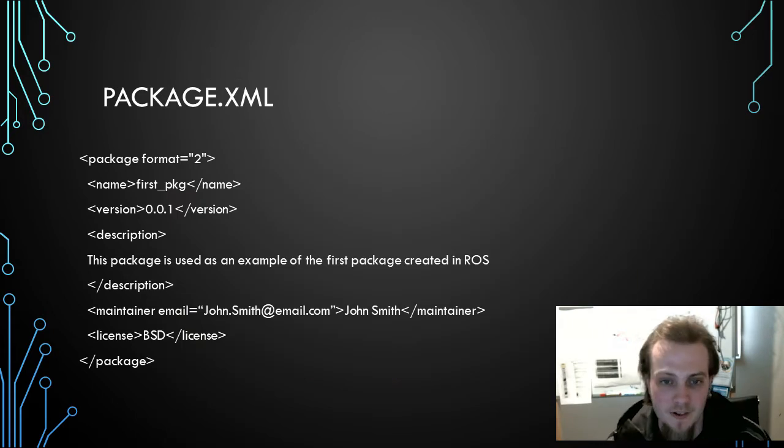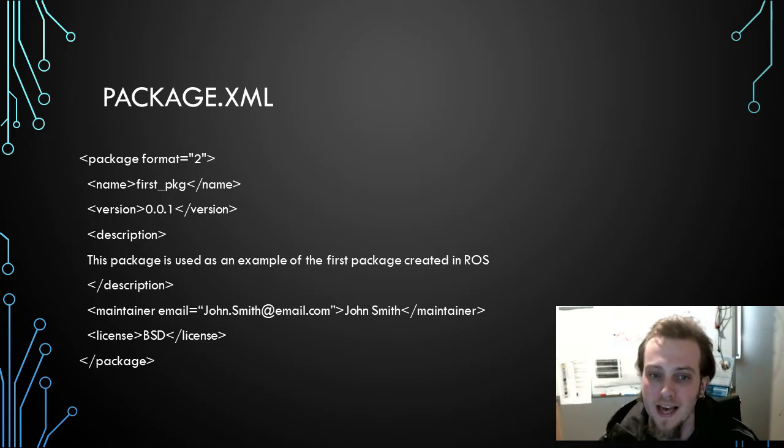So now let's have a look at the package.xml file. So this file, as I said before, must be included with every package and must be in the package's root folder. Okay, and we saw this in the previous slide.